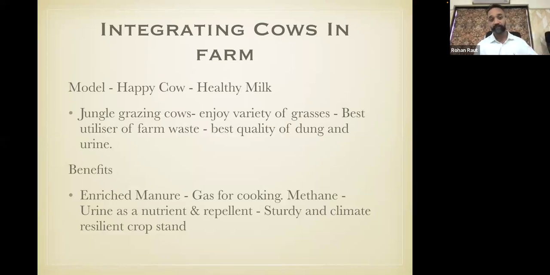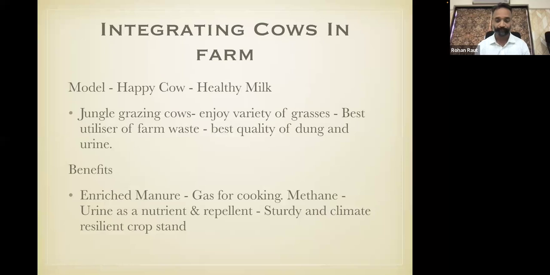It is not touched by humans. It is still virgin land and a virgin water reservoir which my cows enjoy. Again, cows are the best utilizers of my farm waste.